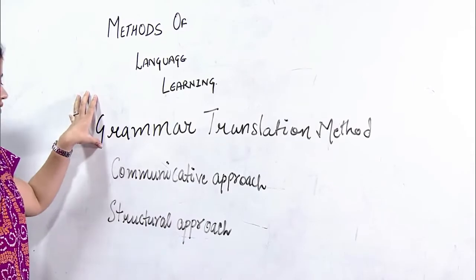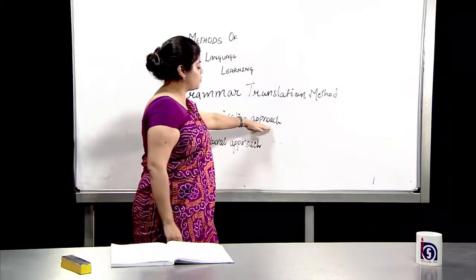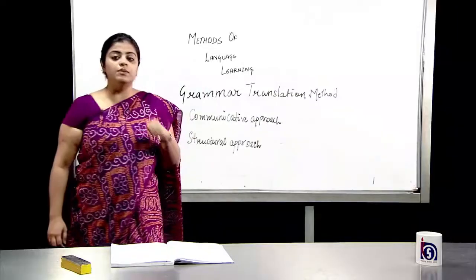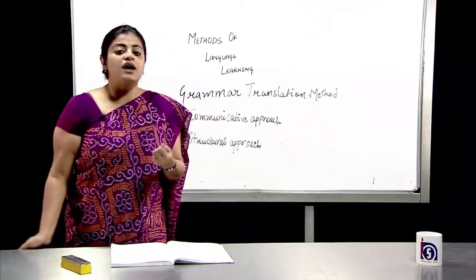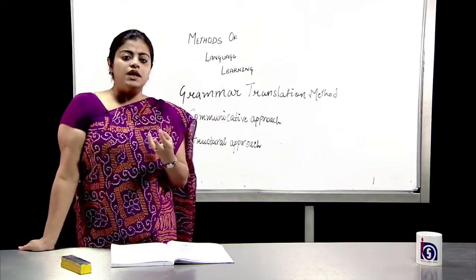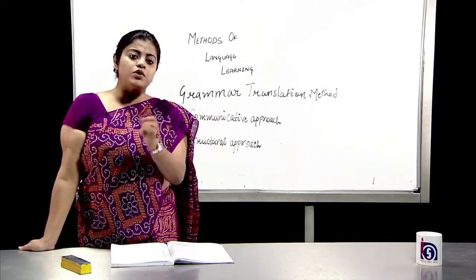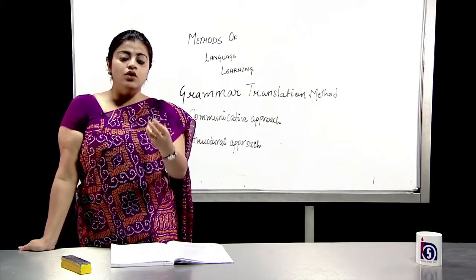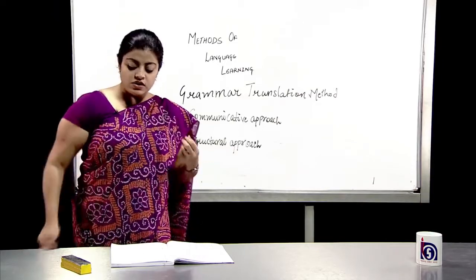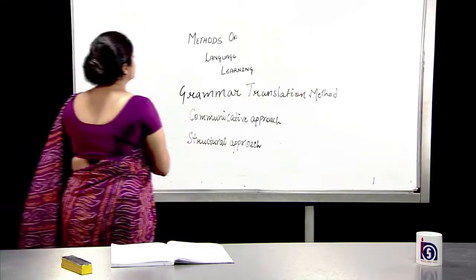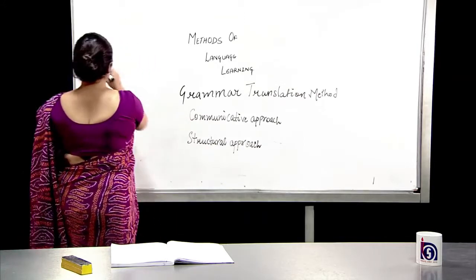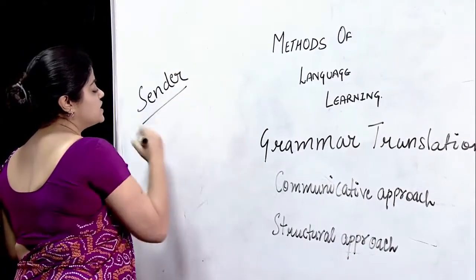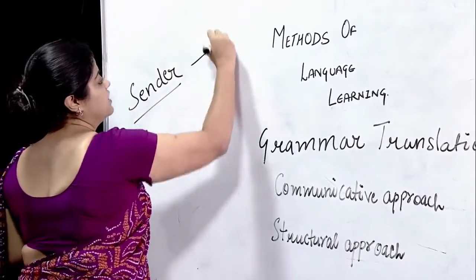When we look at the communicative approach, the name of the approach itself says that it has something to do with communication, or the way we interact with each other. When we talk about communication, there are at least two people involved in the process. One would be the listener and the other would be the message sender, the person who is speaking. Otherwise the communicative loop would never be fulfilled. One would be a sender, somebody who sends the message or says it out, and the other would be the receiver.